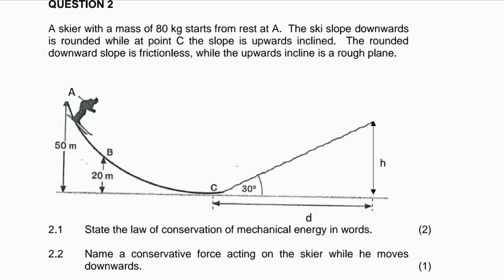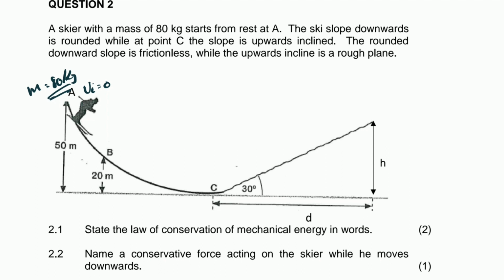A skier with a mass of 80 kilograms starts from rest at A. So at A, the speed is equal to 0, and the mass is 80 kilograms. The mass of the man, I'm going to write it here, mass is equal to 80 kilograms. Starts from rest. The ski slope downward is rounded, while at point C the slope is inclined upward.